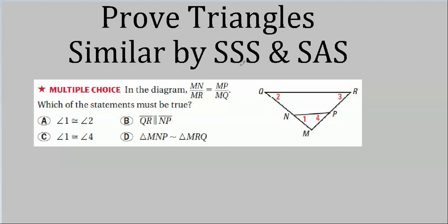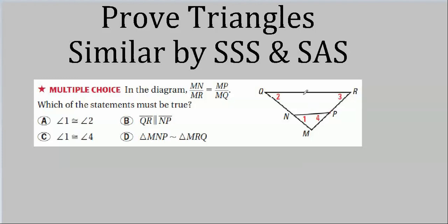What about the third side? We could use SSS if we knew this side had the same ratio as this one. Gee, it has some ratio, but we don't know what it is. There's no way to conclude what it would be, since we don't know that this is parallel. If we knew this was parallel, then we would know.